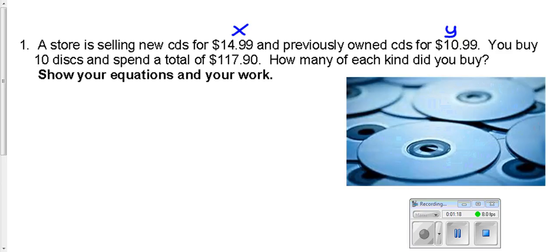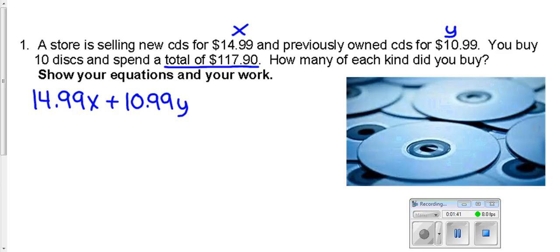So the way that you would set up the equation is as follows. We're going to take the first amount, $14.99 X, and add it to the previously owned CDs, $10.99 Y. And because they spent a total of $117.90, we're going to set it equal to that, 117.90.